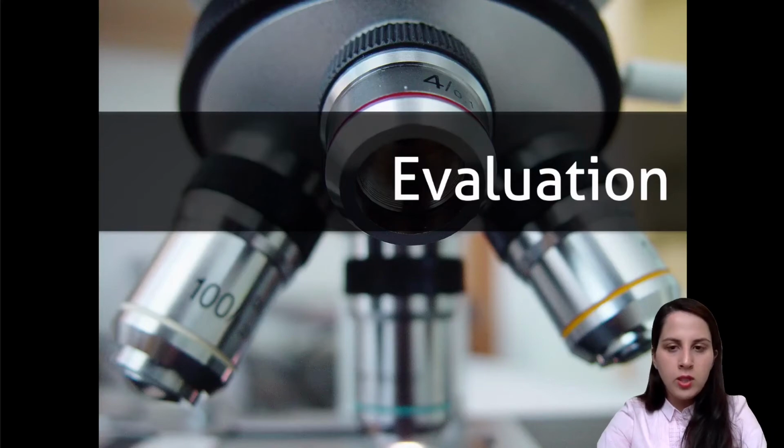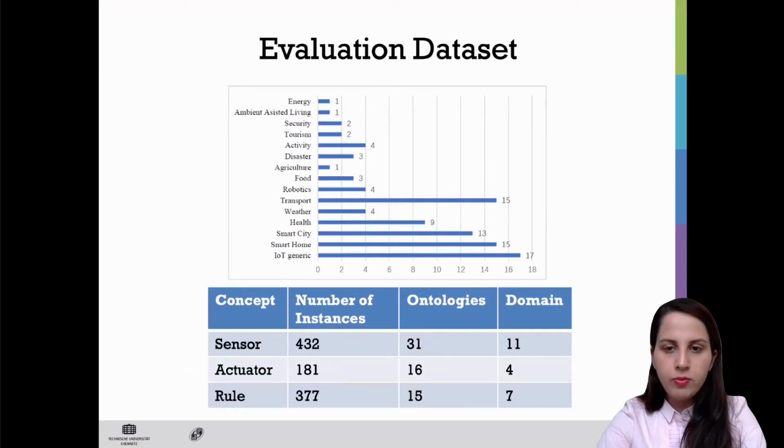Let's now proceed to the evaluation. We evaluate Ontospect using two experiments. The first experiment addresses the quality of the concept extraction, and the second one, the quality of the natural language text generated by Ontospect.